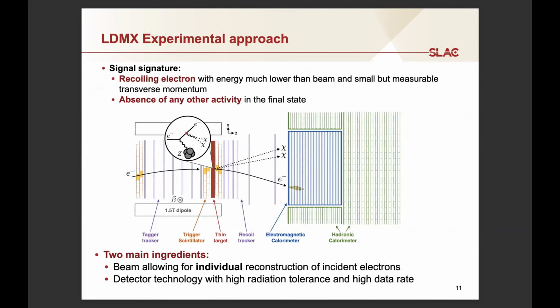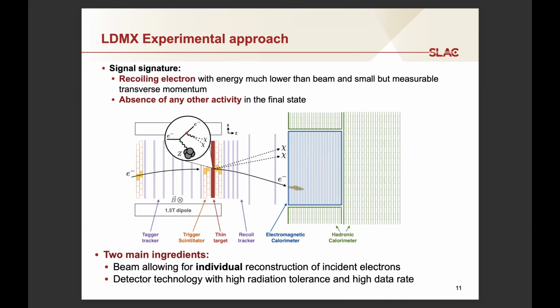Okay, so what type of experiment did we design? We designed an experiment that has basically a tracker that measures the incoming electron. Then we have a trigger scintillator that is used to count how many electrons we have in the bunch. And then we have a recoil tracker, in which we measure the recoil electron.